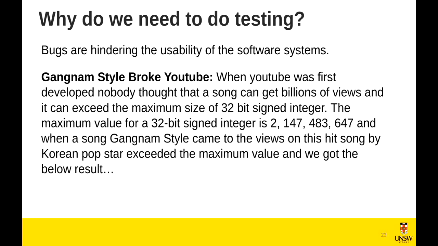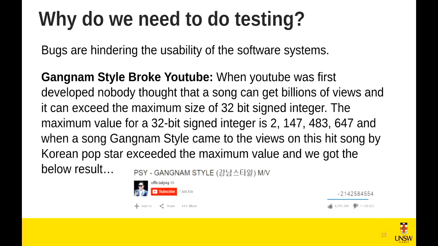The developers weren't expecting a video to be viewed billions of times, and so they used a 32-bit signed integer to store this number of views in their system. And Gangnam Style eventually turned out to be very, very popular, and it attracted billions of views. And this is what happened.